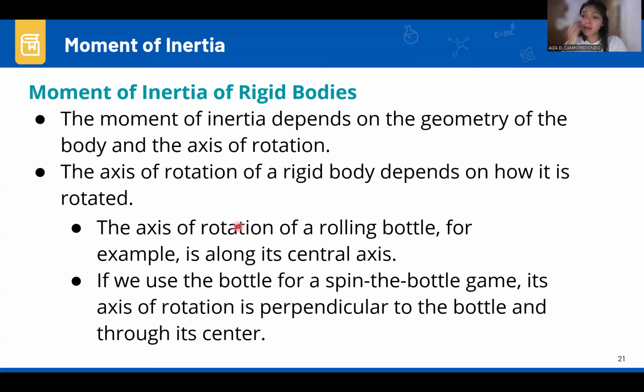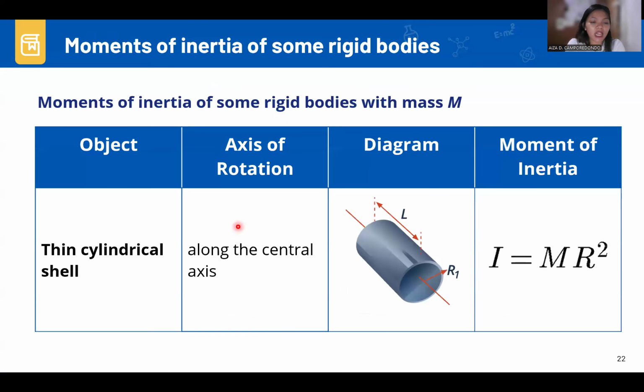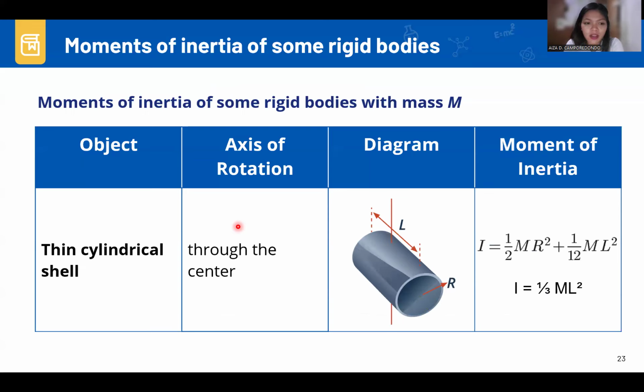Okay. Let me show you more examples, especially on the rigid bodies. Here are the moments of inertia of some rigid bodies with mass. For a thin cylindrical shell with the axis of rotation along the central axis, we're going to use the formula moment of inertia is equal to mass multiplied by radius squared.